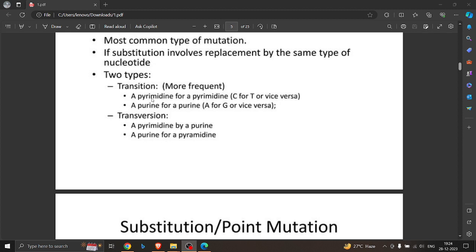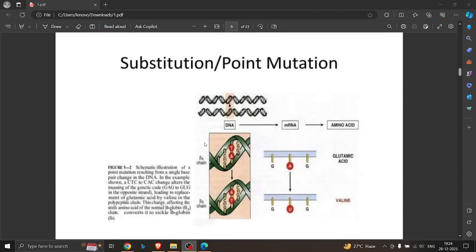There are two types: transition and transversion. Transition is more frequent; it means a pyrimidine for a pyrimidine, C for T or vice versa, and a purine for a purine, A for G, adenine or guanine. Transversion is a pyrimidine replaced by a purine, that means it is not the same: a pyrimidine by a purine and a purine for a pyrimidine. So this is about substitution.